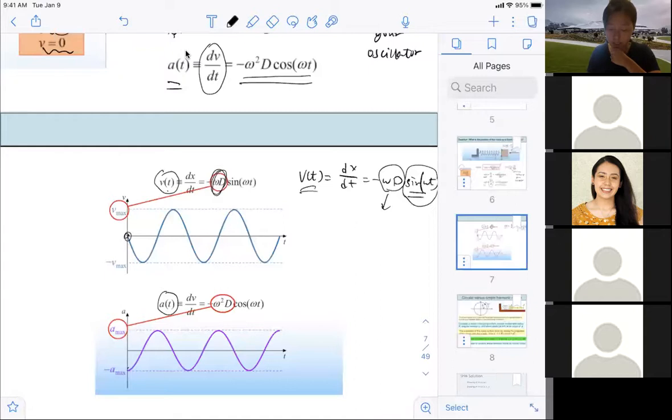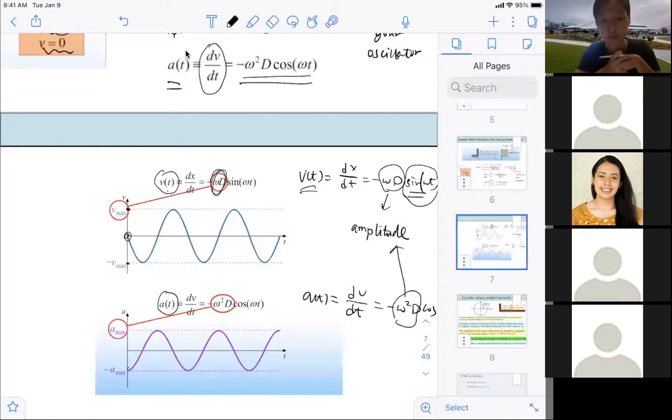So the maximum value is omega d, and that tells you the amplitude of this sinusoidal function. So this is the amplitude. The same thing goes for acceleration. Acceleration is dv/dt, which is negative omega squared d times the cosine function. And this is again the amplitude for the acceleration.